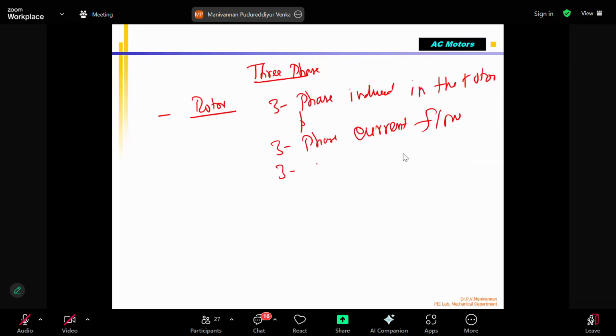Because of that, it creates again a three phase magnetic flux. I say this is phi R of the rotor, this is IR, the rotor current, and this is VR, the rotor voltage.